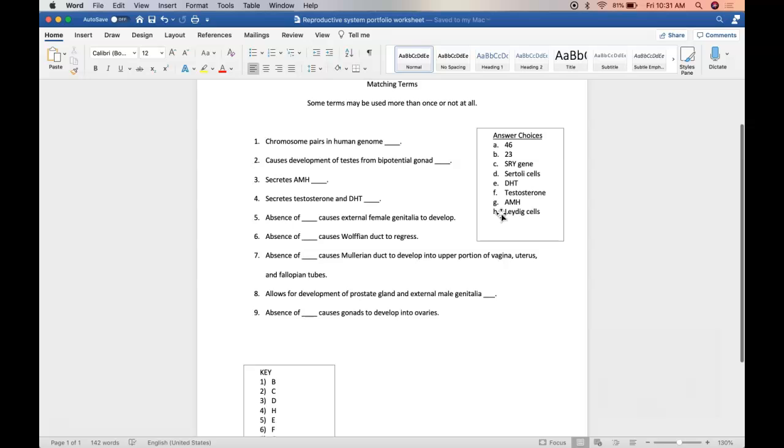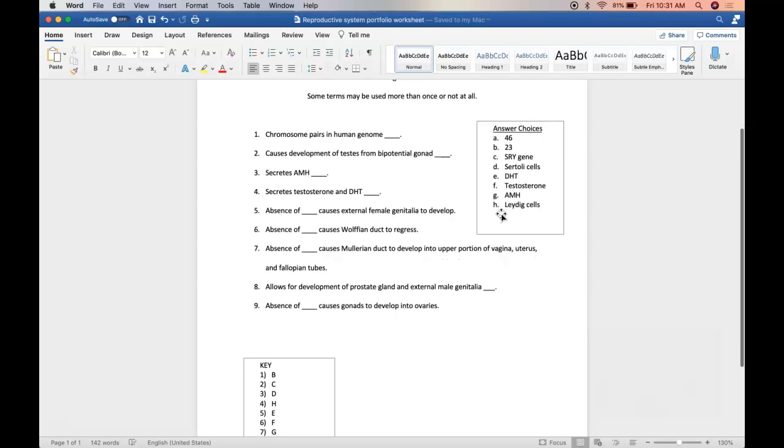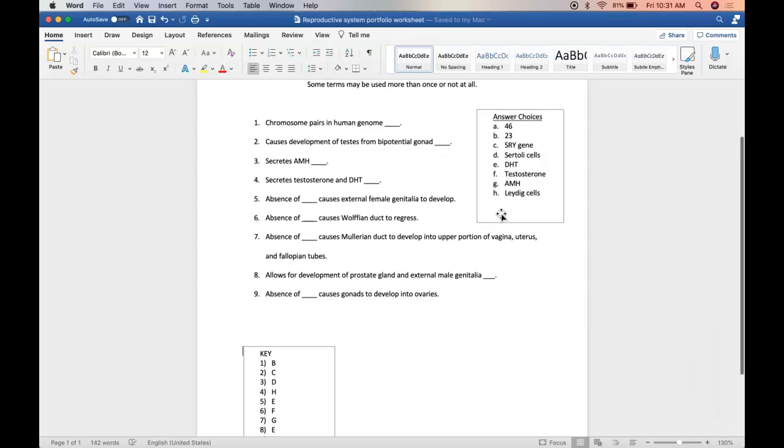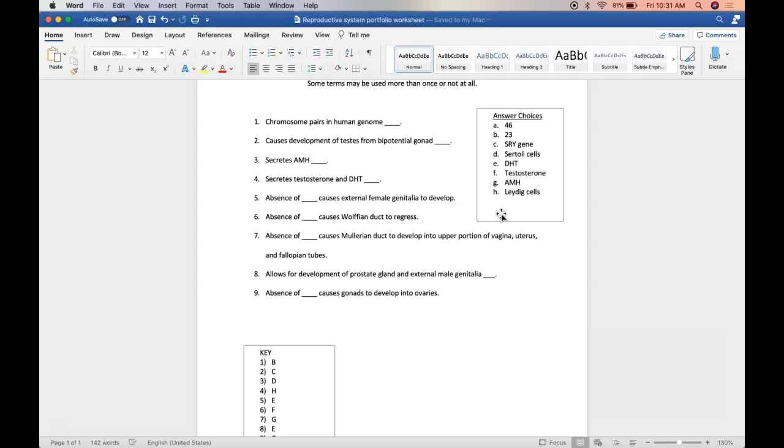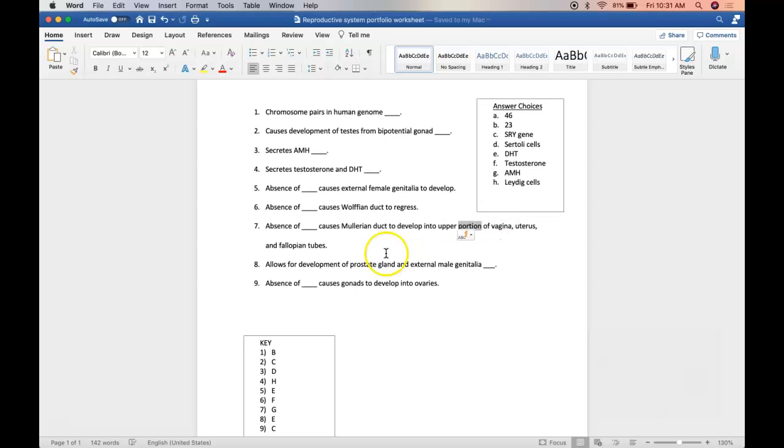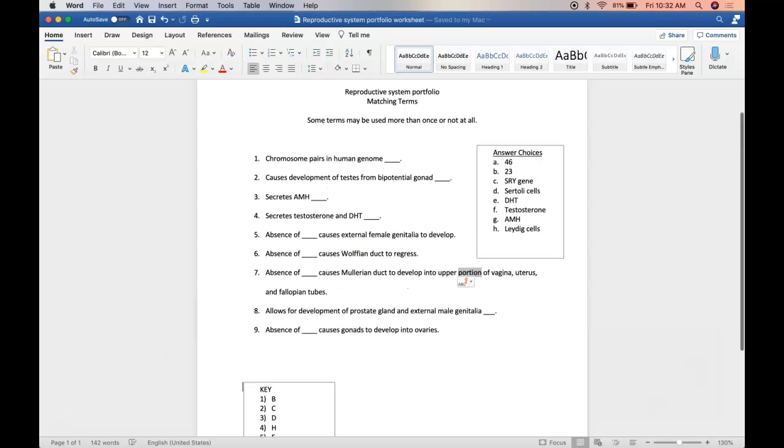The answer to that one is the anti-Mullerian hormone, so G. And then number 8, this allows for the development of prostate gland and external male genitalia. That's going to be the dihydrotestosterone again, which is answer choice E. And then the last one, the absence of this causes the bipotential gonads to develop into ovaries. That's the SRY gene again, so that's answer choice C. All right, and that's everything.